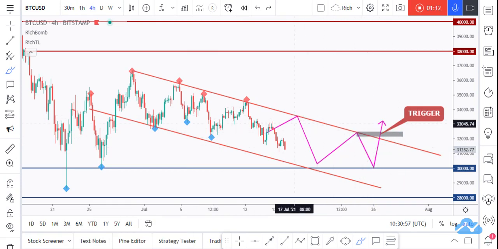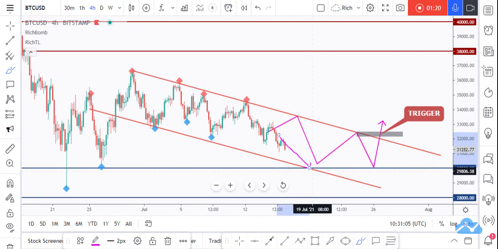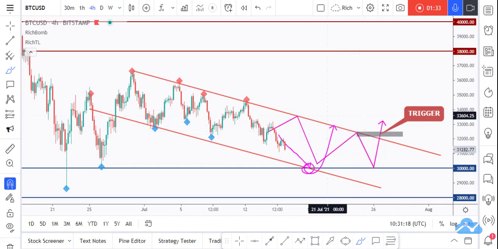From a short-term perspective, we'll not buy here because we have a rejection of this trend line. We're waiting for price to approach the lower trend line, which I consider an oversold trend line. In this case, we'll be looking for buy setups to catch this movement from here to here, and then we'll be buying after a break above the upper trend line, as you can see here.